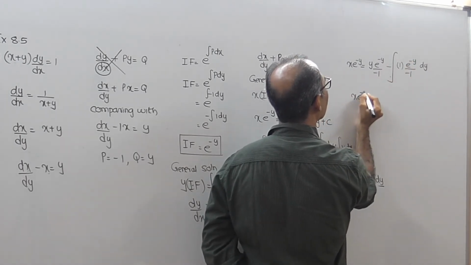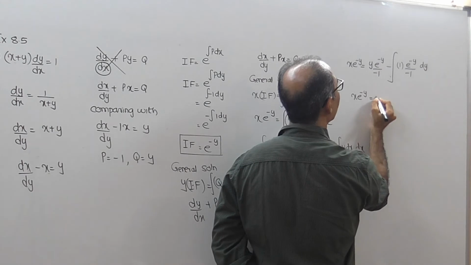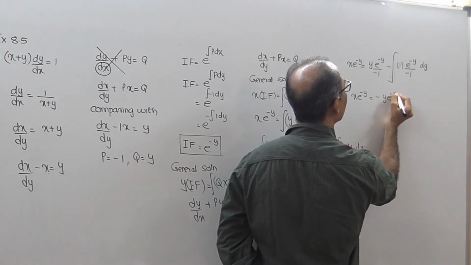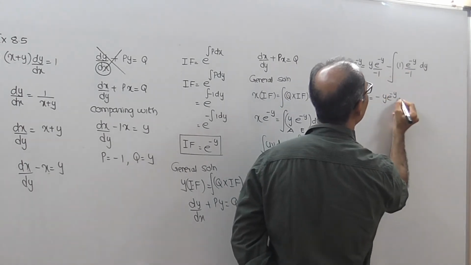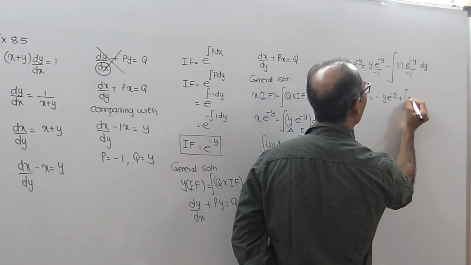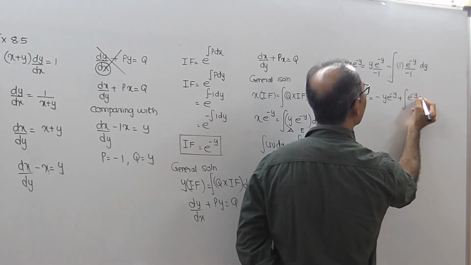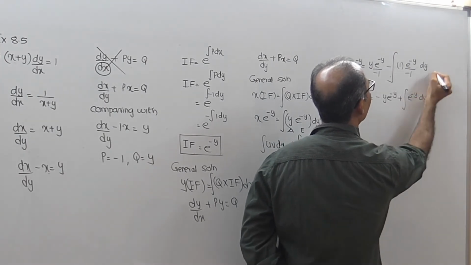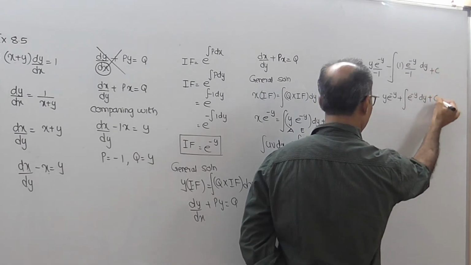x e raised to minus y equals minus y e raised to minus y. Minus into minus will become plus. 1 into e raised to minus y is e raised to minus y and dy. Sorry, you will have your plus c.